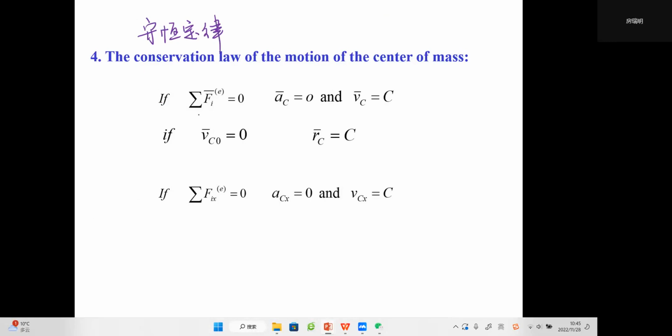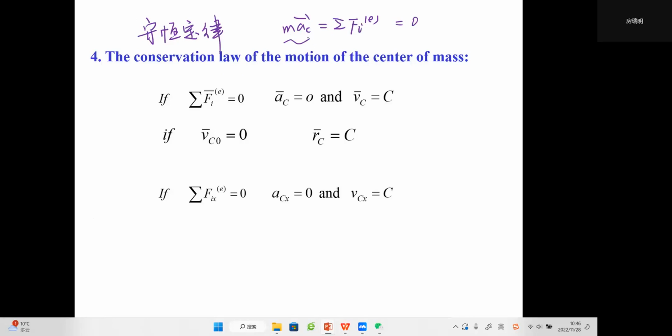So if this condition is fulfilled, if sigma Fie equals 0, let me write this: M ac equals sigma Fie, right? That is the theorem of motion of the center of mass, right? So if sigma Fie equals 0, that means this guy will also be 0.